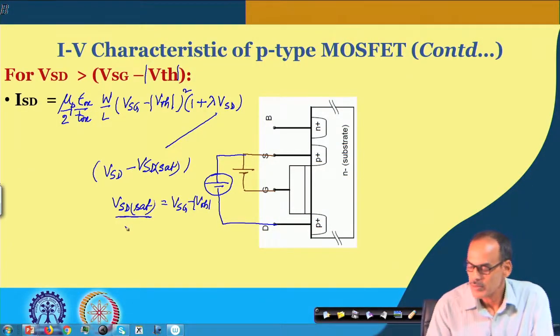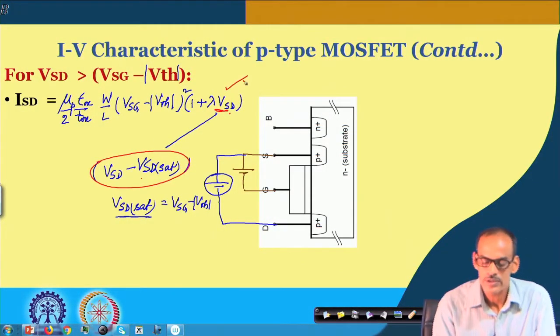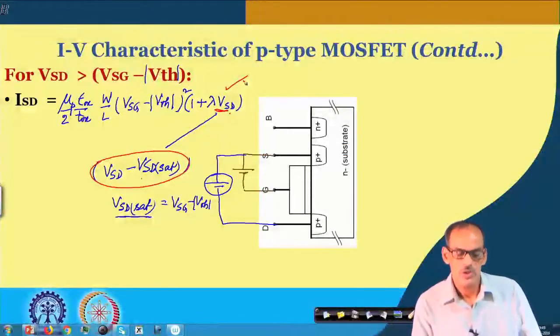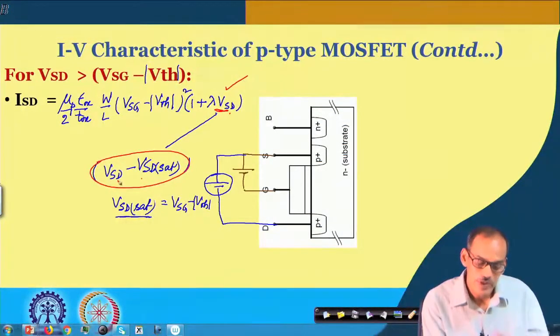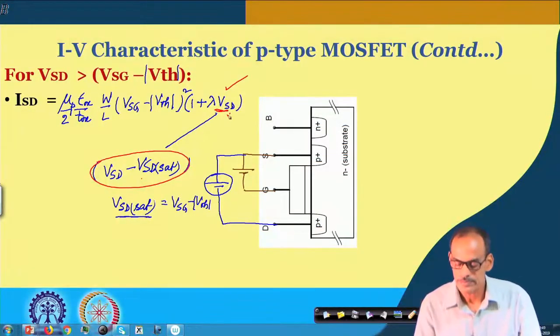But most of the time we ignore this, and instead of considering VSD minus VSD sat, we prefer to write only VSD. Unless otherwise stated, at least in this course we will be assuming that VSD minus VSD sat is approximately equal to VSD.